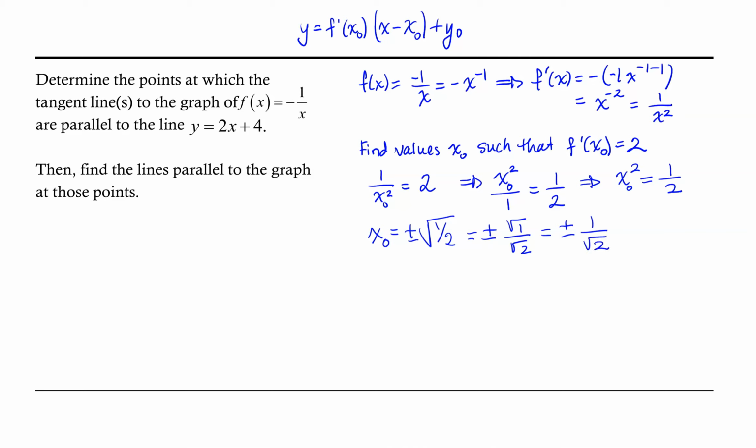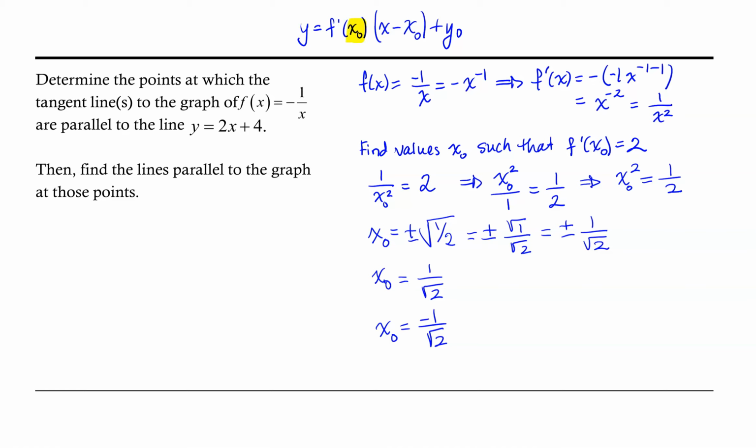So we have two x values. One of them is positive 1 over square root of 2, and the other one is negative 1 over square root of 2.